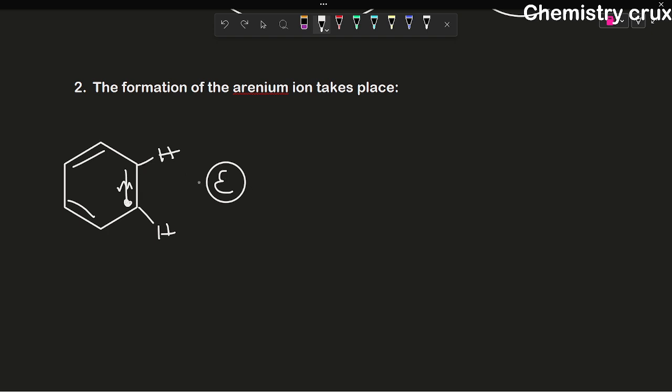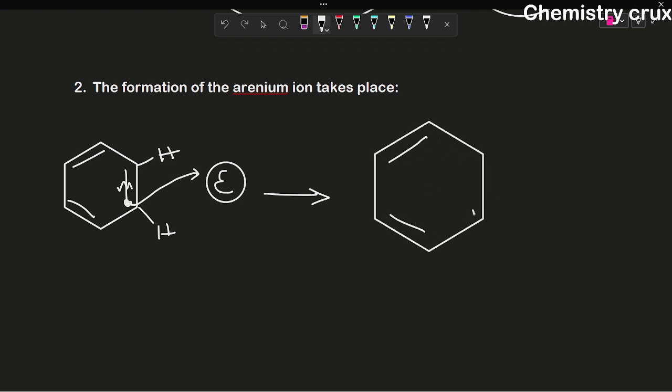Let me erase this line here and draw the arrow in order to show. So what will happen is this will be formed. Sorry, it was my bad. So here, positive charge is developed over here. Now H is present here and H is present here as well, plus this electrophile got linked to this place.